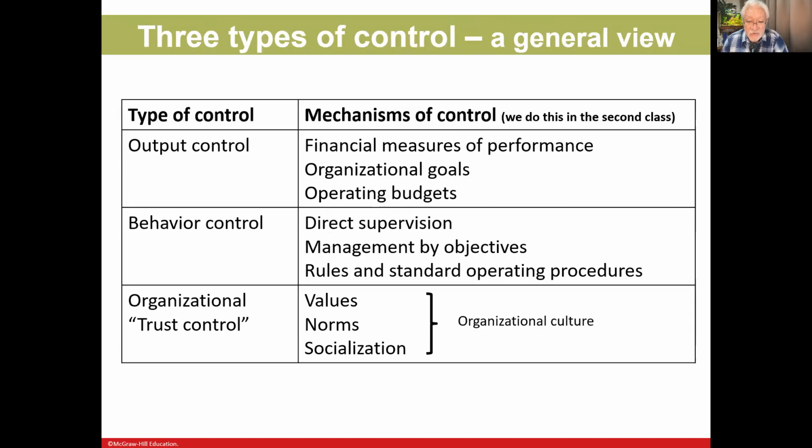So we recognize that if we're looking at output controls and behavior controls and trust controls, then they arise in particular ways, and the second video lesson is going to be the one that puts this in detail. So I'll make sure that it's in that particular video as well.